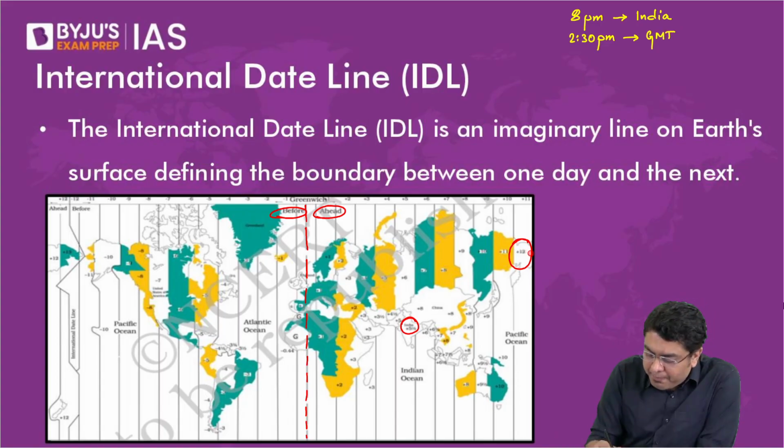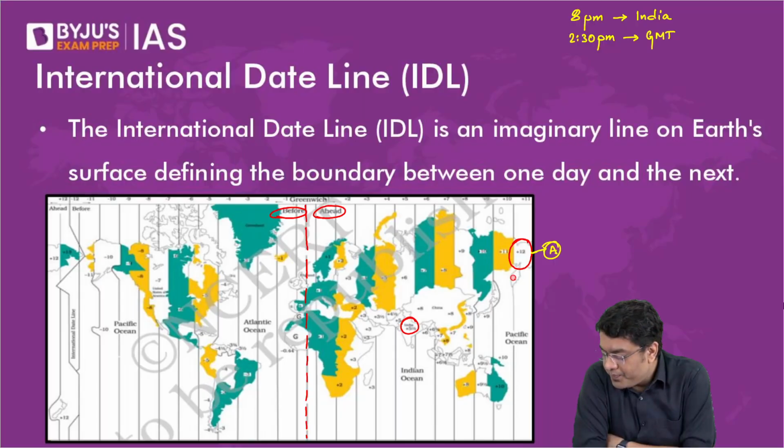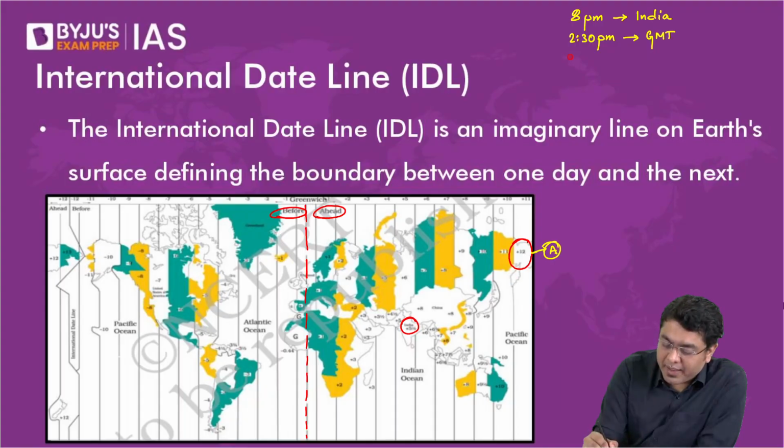Now here you see plus 12. Let's name this place as A. So what will be the time in A as of now? What do you think? All those who are writing 8 a.m., think about it again and read the question carefully. It will be 2:30 a.m. Correct.